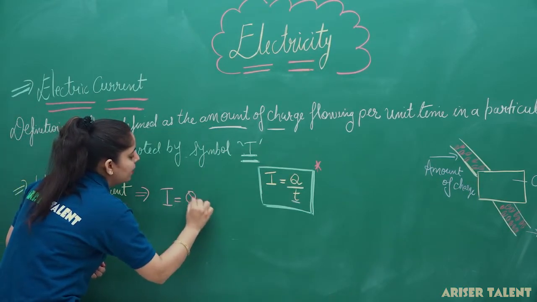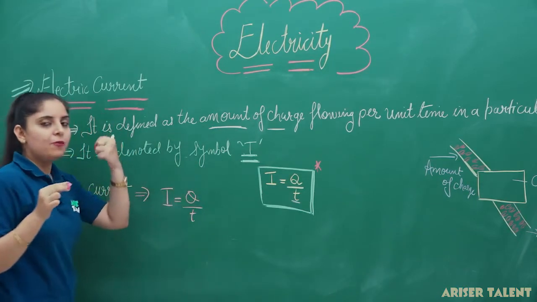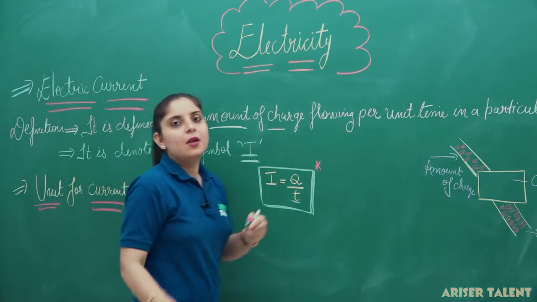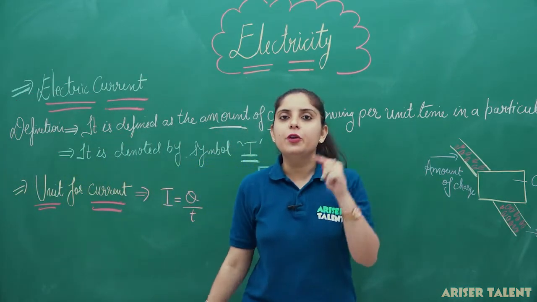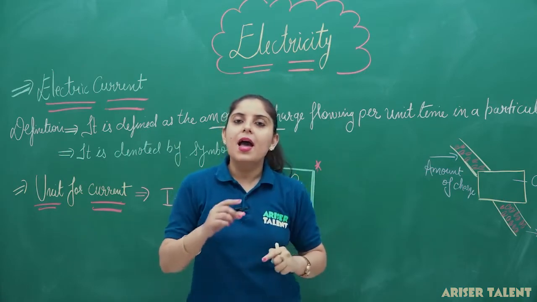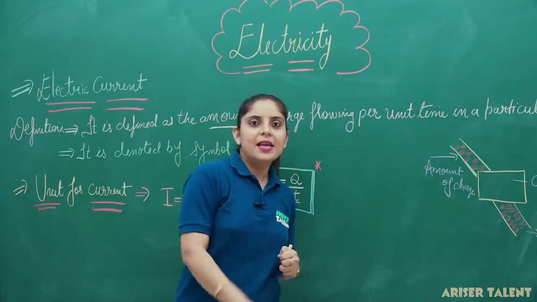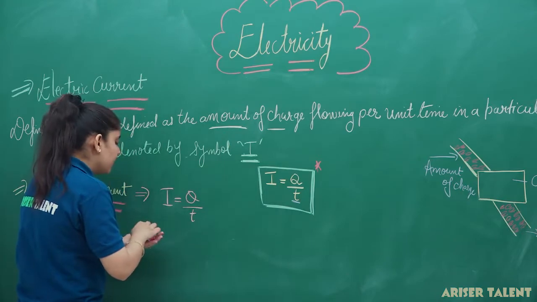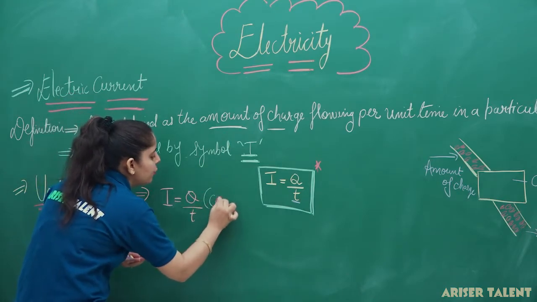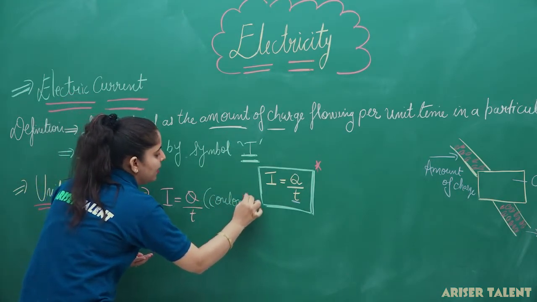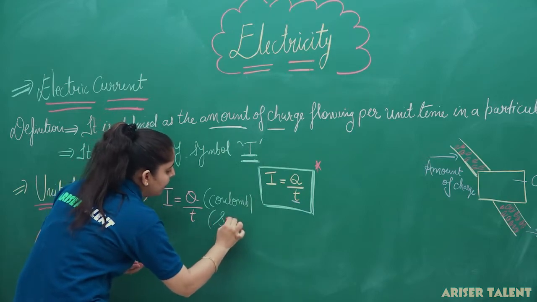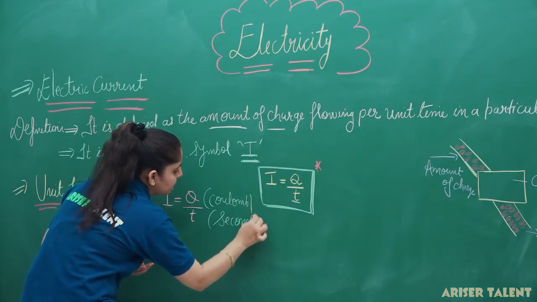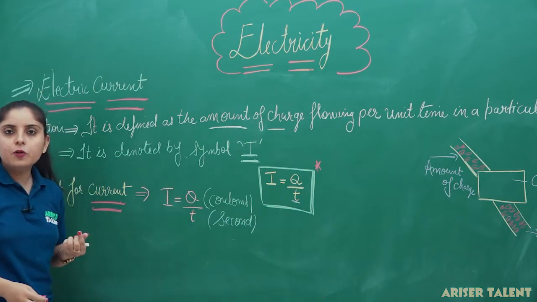So we have I equal to Q upon T. Now tell me, what is the unit for charge? We have discussed previously that the unit of charge is coulomb and the standard unit for time is second. So for charge we have the unit coulomb and for time we have the unit second. These are the standard units of Q and T.